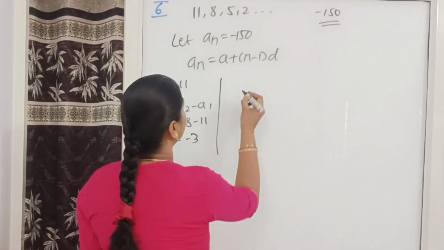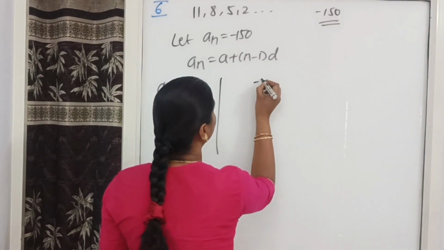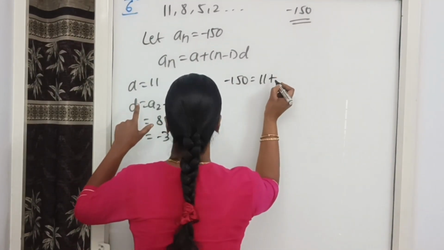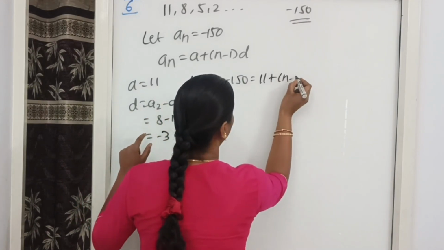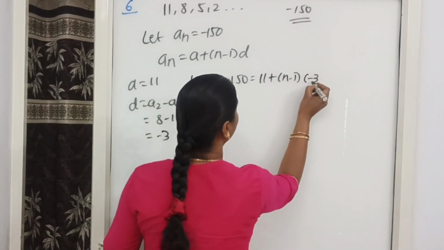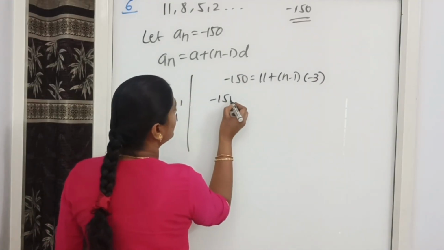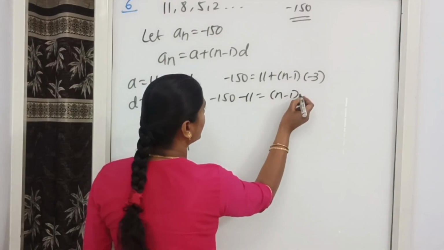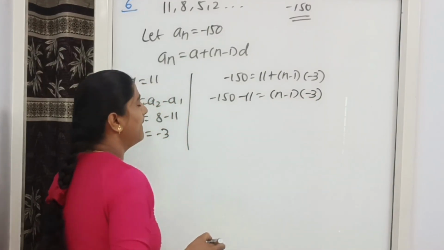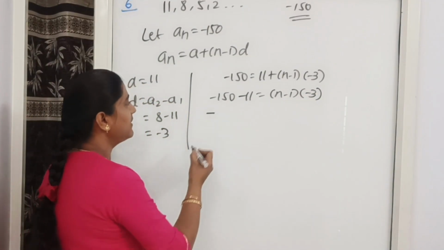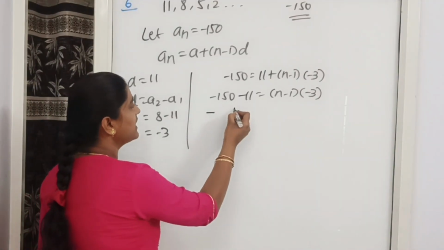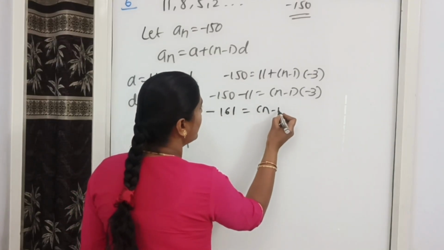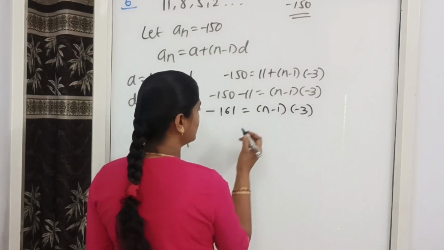Now substitute into the formula. AN is nothing but minus 150 is equal to A, which is 11, plus N, which we need to find out, and D is minus 3. Minus 150, and transpose 11 to this side, this is also negative, so keep the minus and add them. 0 plus 1 is 1, 1 plus 5 is 6 and 1, so it is equal to N minus 1 into minus 3.